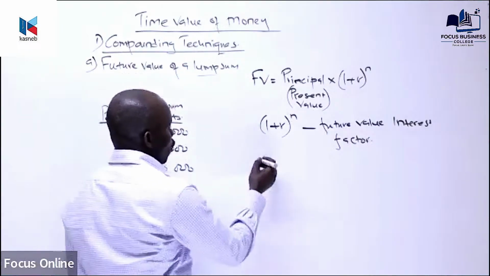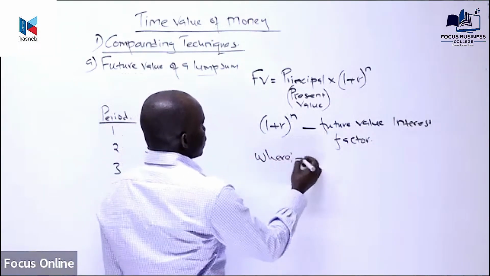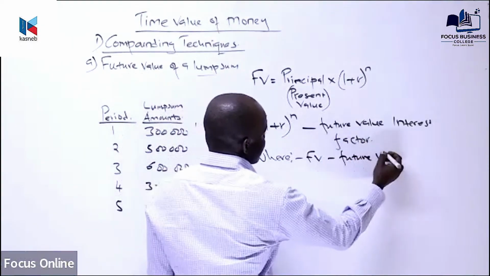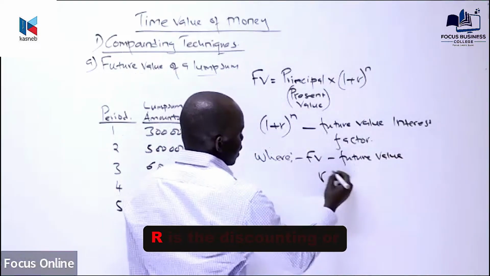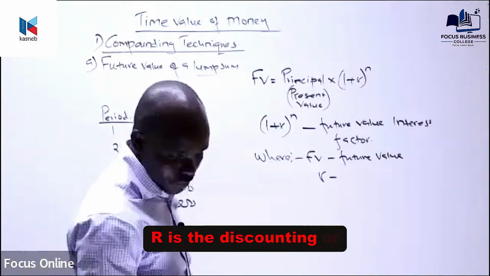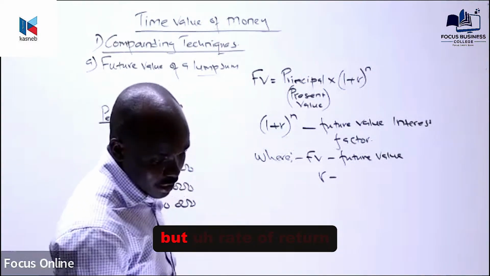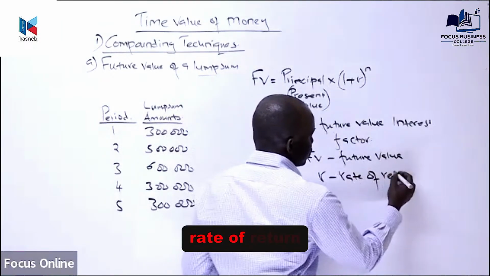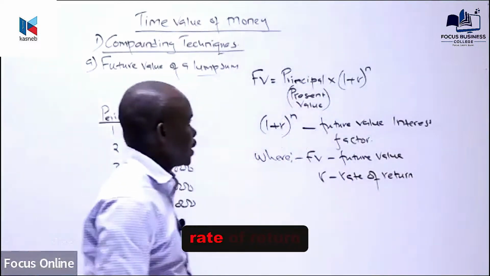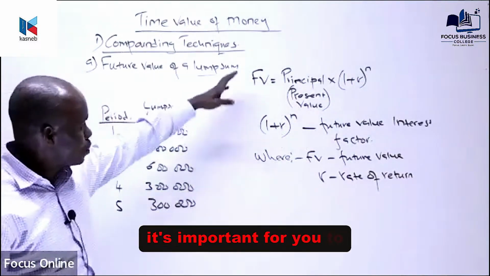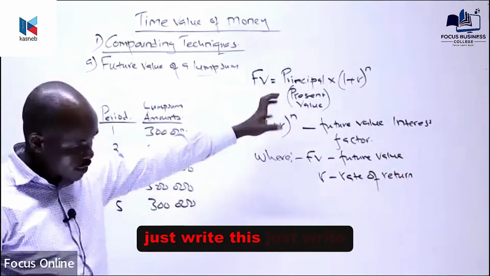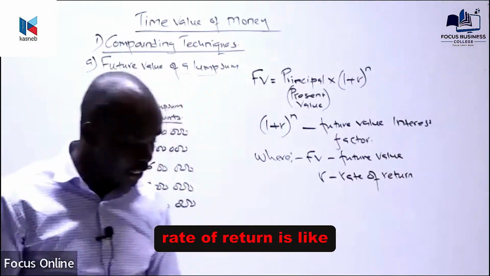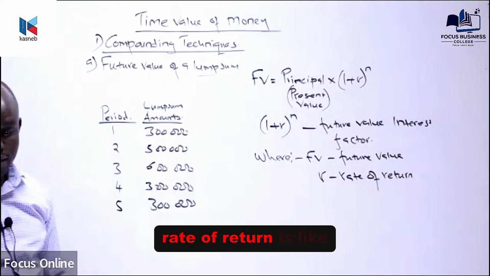So here we can say, where FV is future value, R is the rate of return, not discounting rate. It's important for you to write this formula. Just write that. Rate of return is like the interest rate.